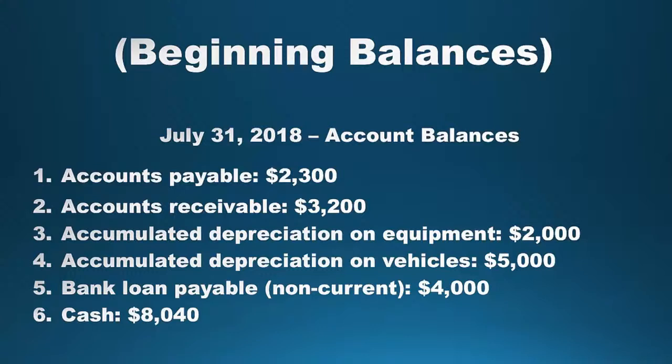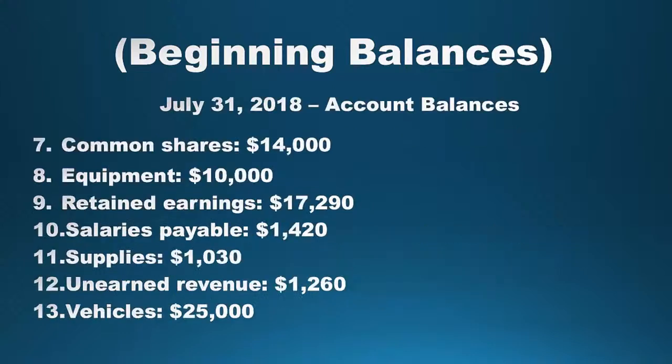Accounts payable, $2,300. Accounts receivable, $3,200. Accumulated depreciation equipment, $2,000. Accumulated depreciation vehicles, $5,000. Bank loan payable, $4,000. Cash, $8,040. Common shares, $14,000.